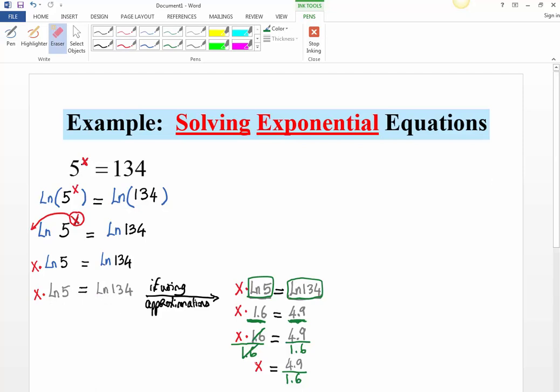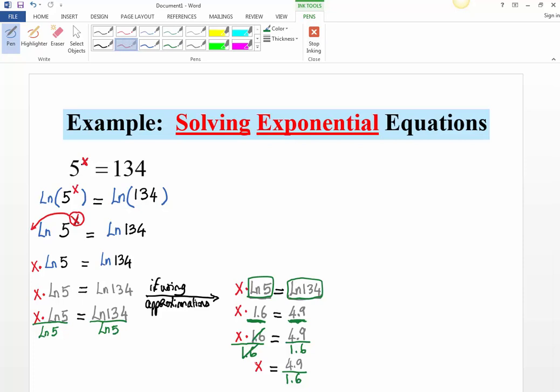So let's go ahead and do the following. If I really want x over here, since x is times the quantity ln of 5, and that is equal to the quantity ln of 134, let's divide both sides of this equation by the coefficient of x, namely ln of 5.